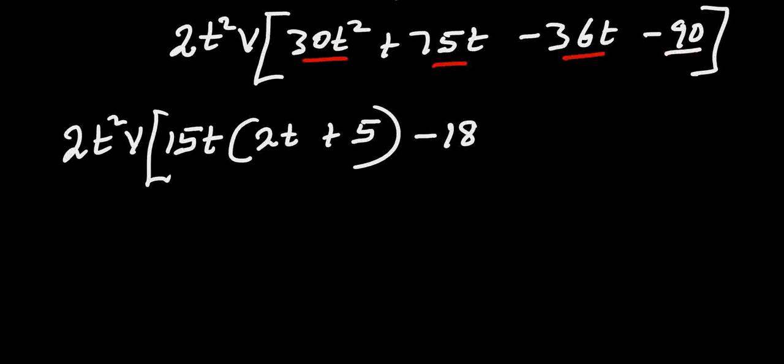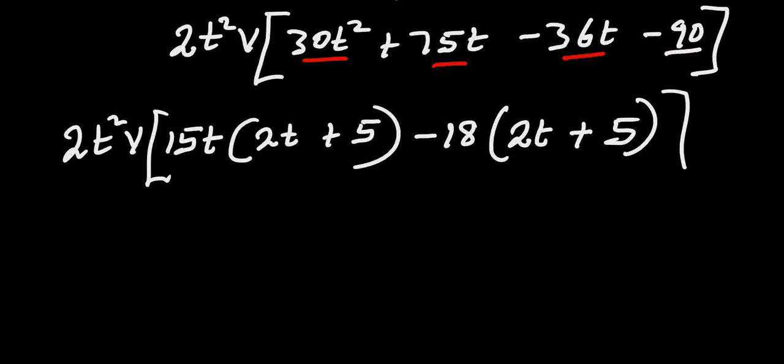All right, so open parenthesis. Negative 36t divided by negative 18 gives you positive 2t. And negative 90 divided by negative 18 simply gives us 5. Good. And then enclose in the block bracket.